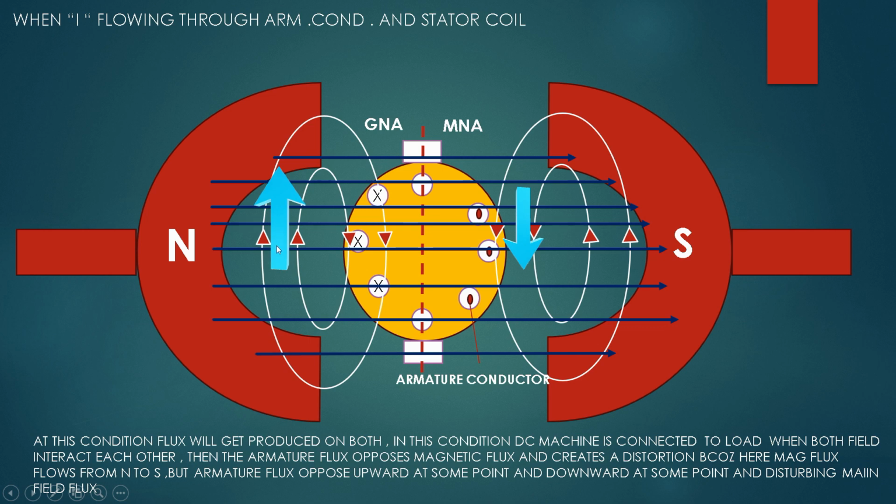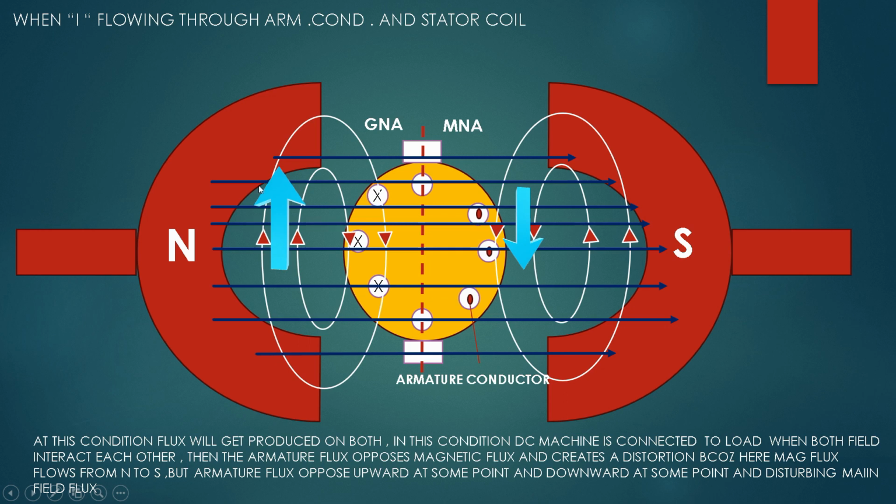Now this armature flux opposes the main field's magnetic flux and creates a distortion, because the main field flux is flowing from north to south, but the armature flux opposes it upward at some points and downward at others.